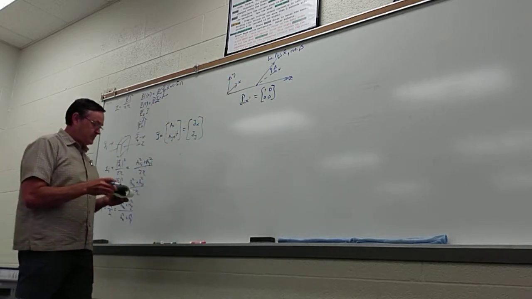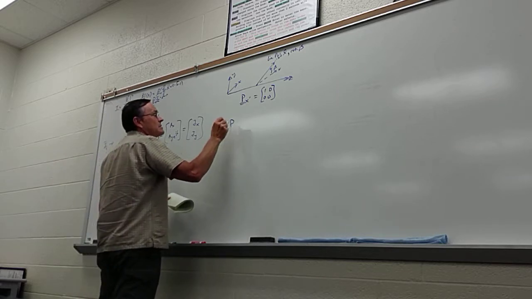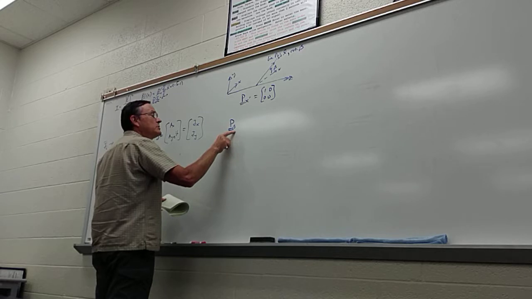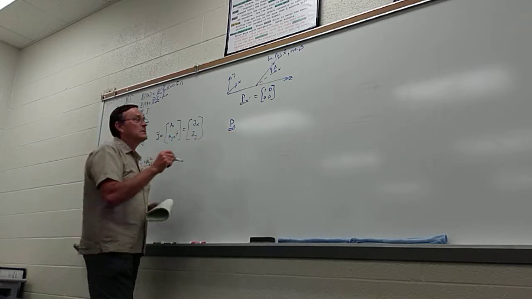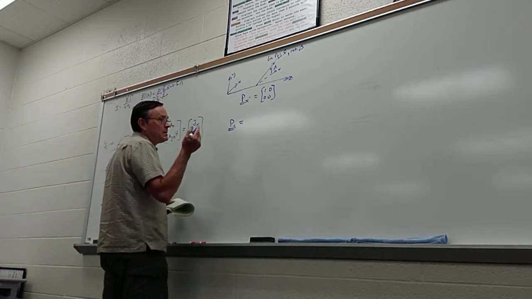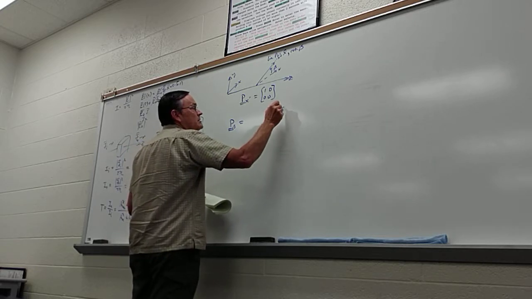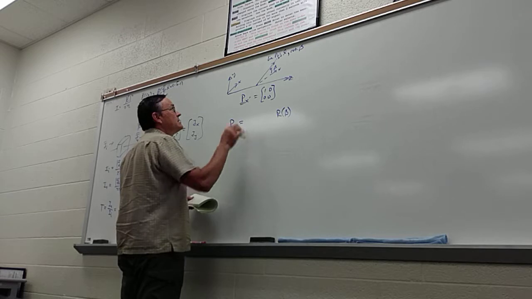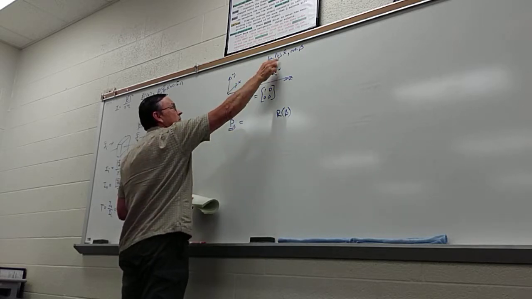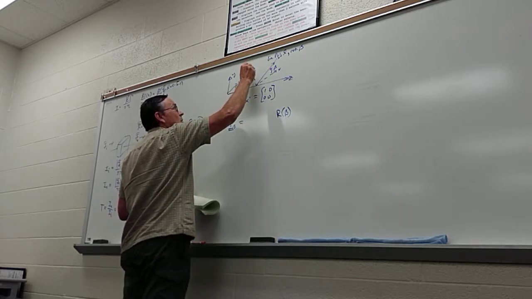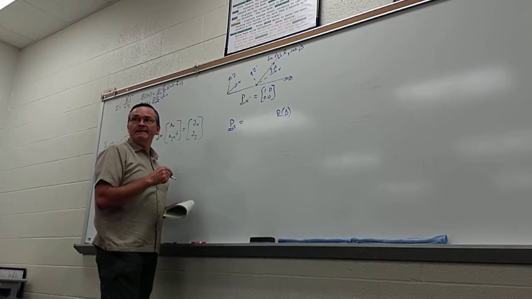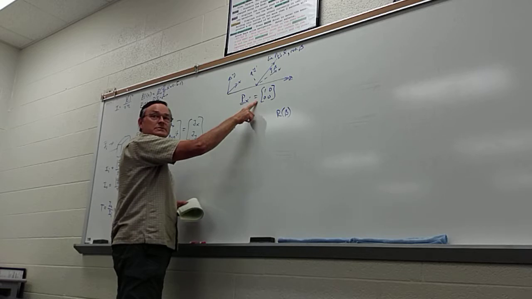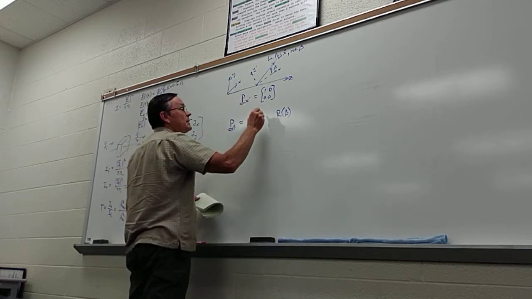But I need to know what the Jones matrix of this thing is in the xy coordinate system. So if I write the Jones matrix rotated by an angle beta, then that would be a rotation matrix by an angle beta to rotate us from the xy frame into the x prime y prime frame. And then when I'm in the x prime y prime frame, this is the correct representation of the Jones matrix.